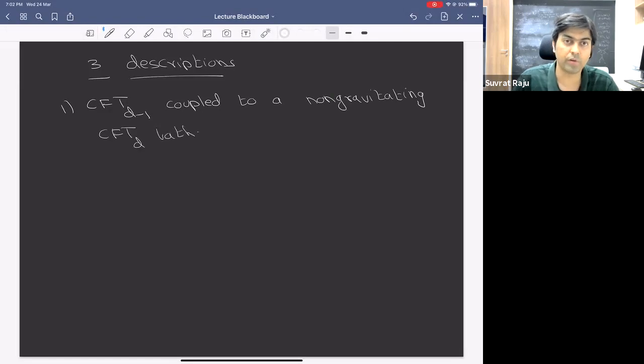This description just remains unchanged because it doesn't care about whether the CFT_d is holographic or not. It's just what it is.